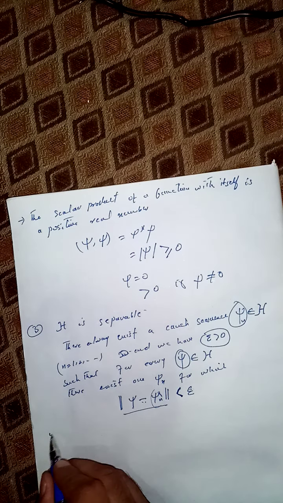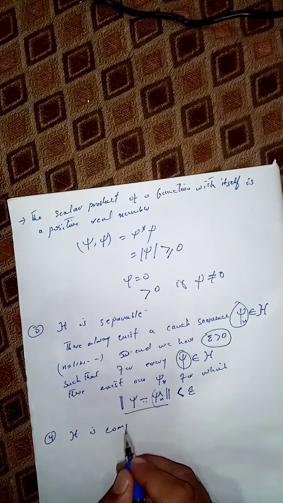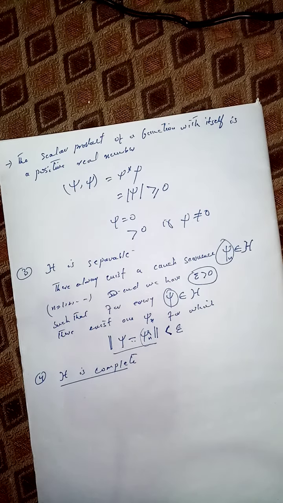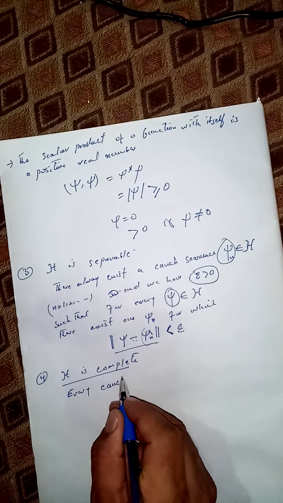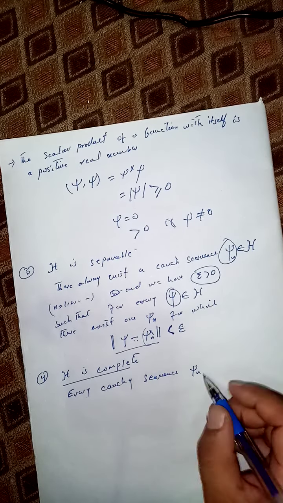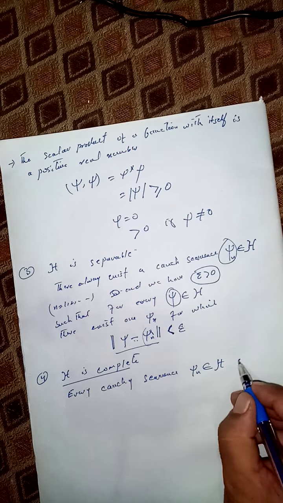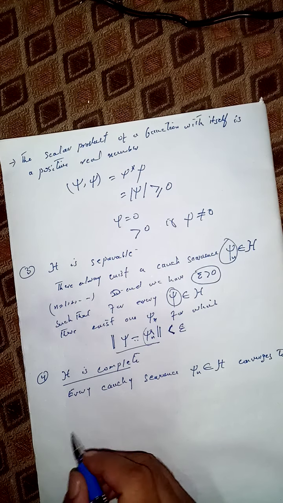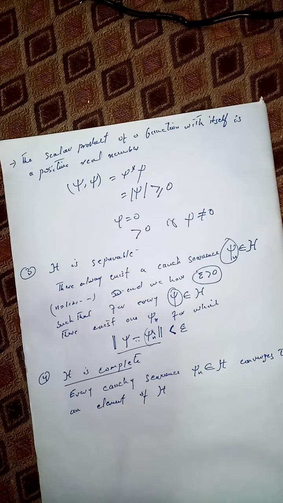And there is another property which we call that the Hilbert space is complete. It also says that every Cauchy sequence ψn which belongs to the Hilbert space converges to an element of the Hilbert space.